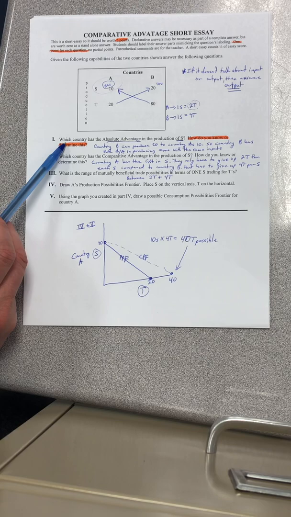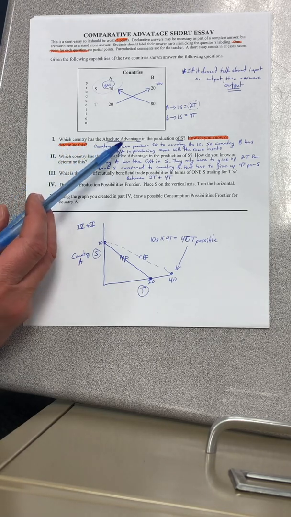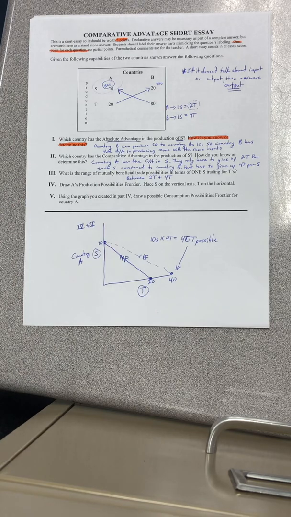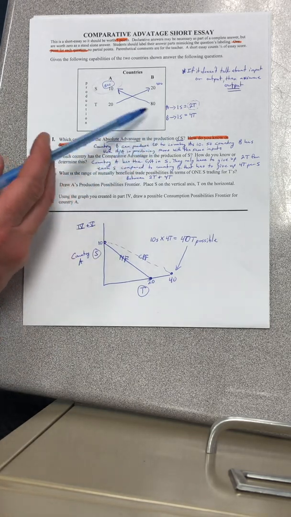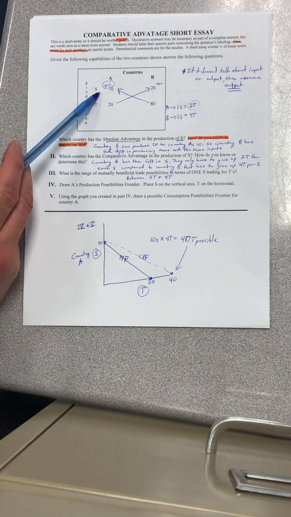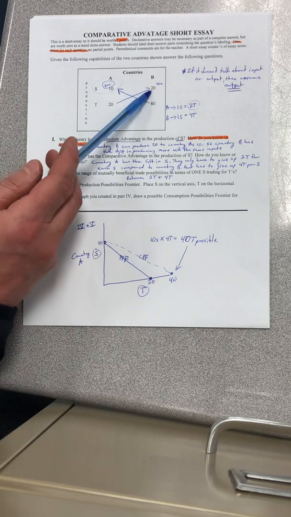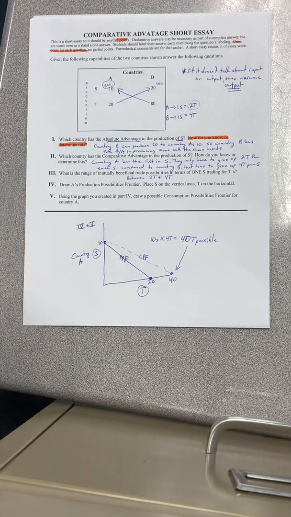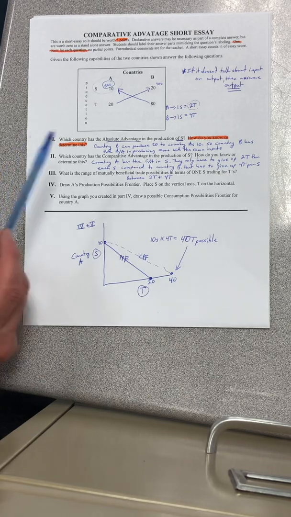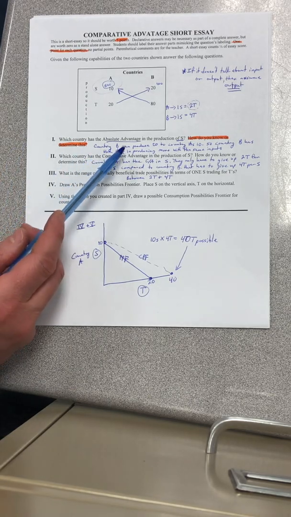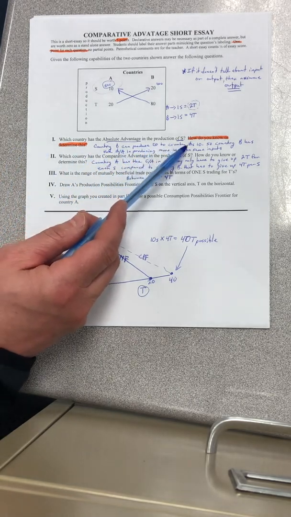First question, number 1, which country has the absolute advantage in production of S? Absolute advantage is we're looking for the high number. When you take a look at S, country A can do 10, country B can do 20. So you can see they have the advantage because they can do 20 compared to country A's production of only 10. So I just wrote in there, country B can produce 20 to country A's 10.